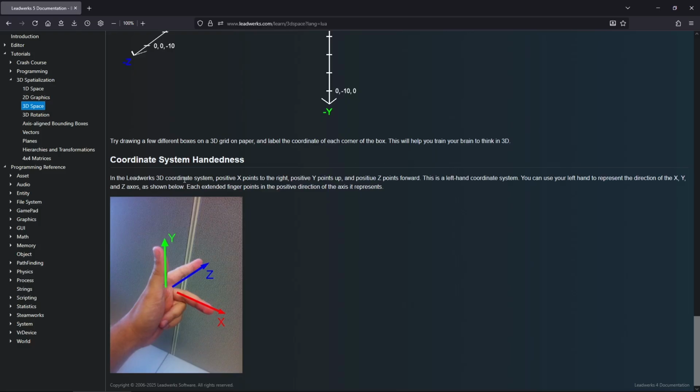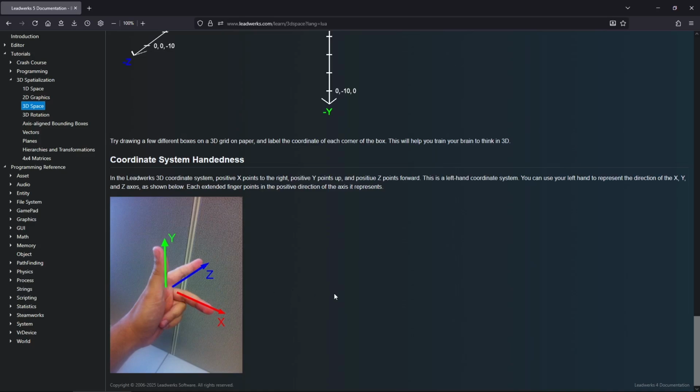This is called a left-handed coordinate system. If you just hold your fingers like this, they will point in the positive direction for x. Your thumb will point in the positive direction for y. And your forefinger will point in the positive direction for z. And that's my left hand, so that's a left-handed coordinate system.